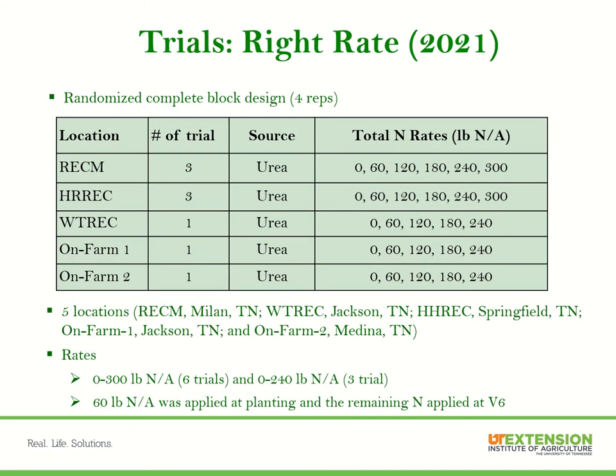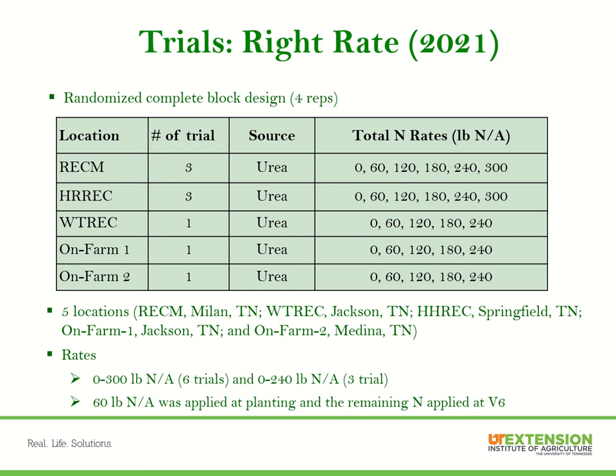So we did trials too in 2021, trying to identify what the optimum nitrogen rate was for corn production in Tennessee. This study was done at 5 locations. We had 3 University of Tennessee Research and Education Centers, as well as 2 on-farm trials. So overall, it was 9 different trials. We used urea as our nitrogen source at different rates, ranging from 0 to 300 pounds of nitrogen per acre.